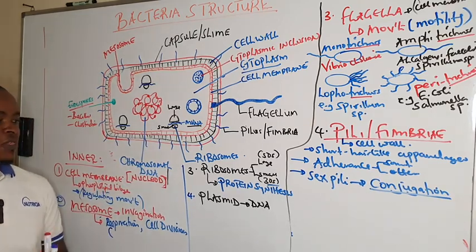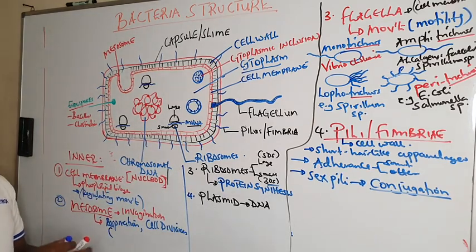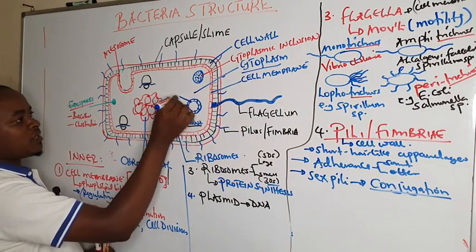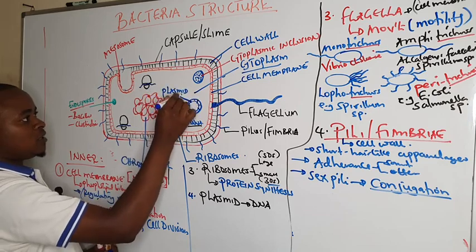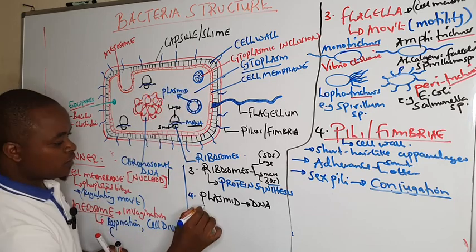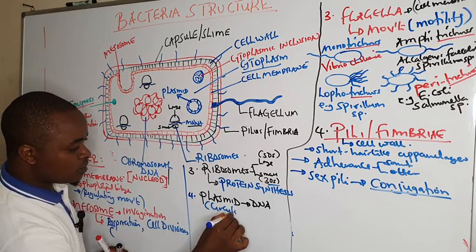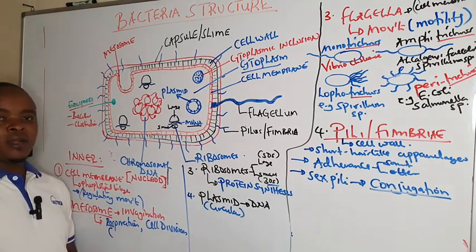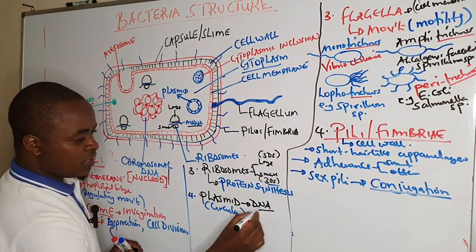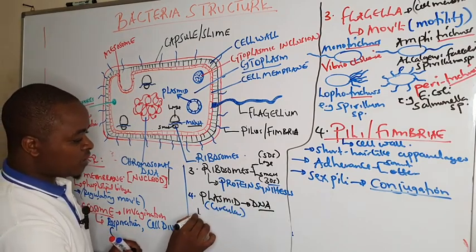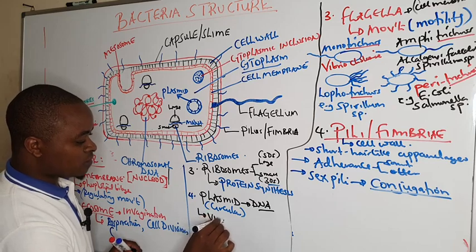This DNA is within the cytoplasm, and we can appreciate that this plasmid is circular. It is the one that carries the DNA, and this DNA contains what we call virulence factors.